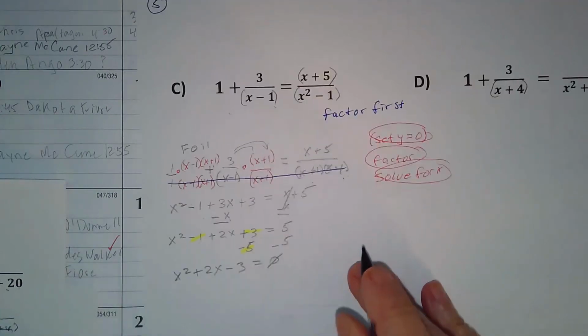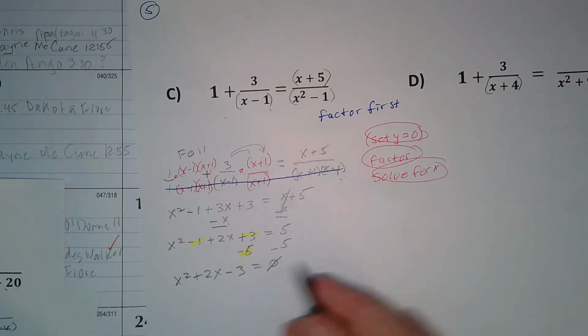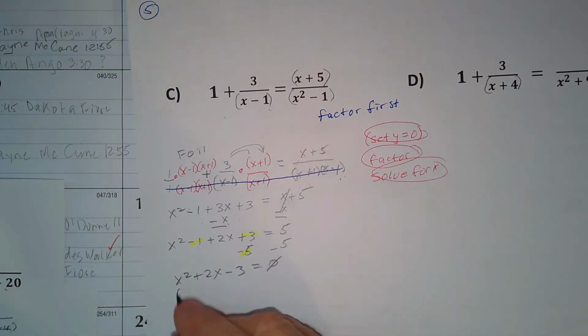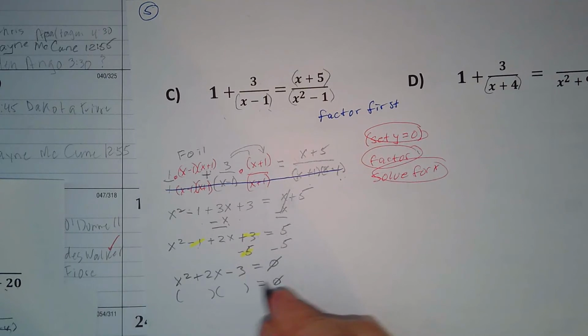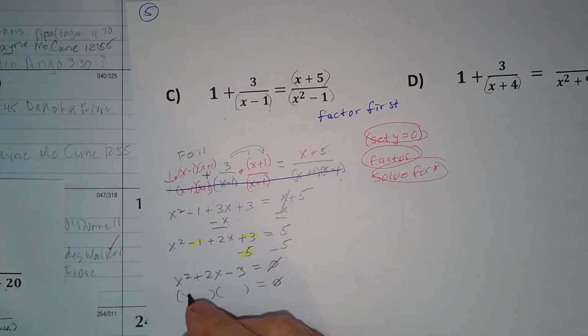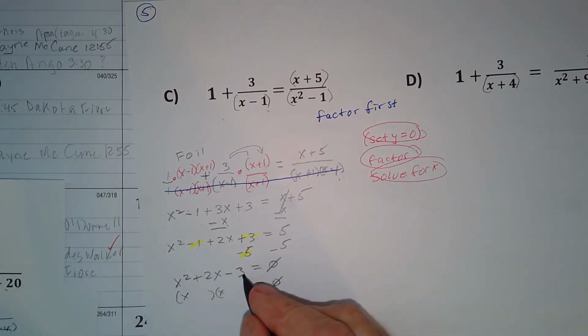All right. Factor, double bubble. So I got x times x is x squared, and then what times what is -3 that when added together is positive 2?